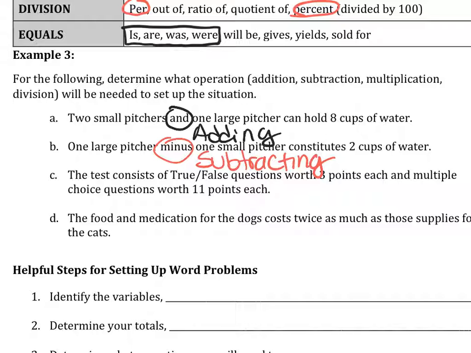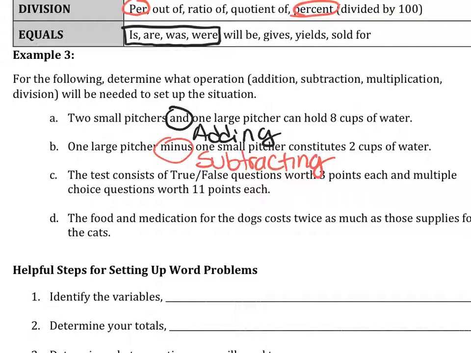So what we're doing at this current moment, yes. Letter C, the test consists of true-false questions worth 3 points each and multiple choice questions worth 11 points each. Any ideas? Addition.